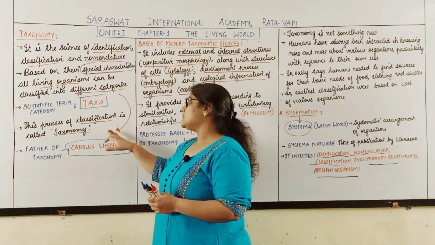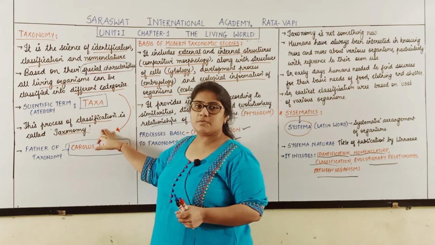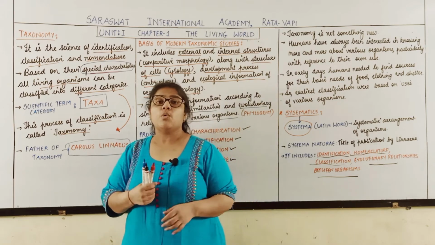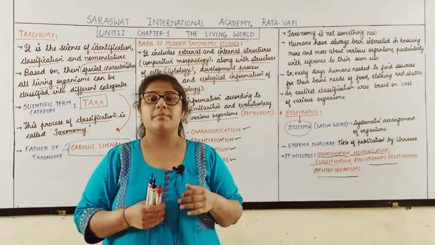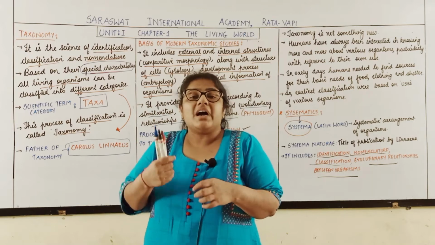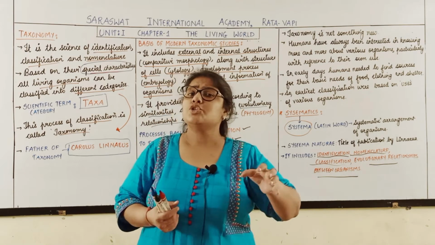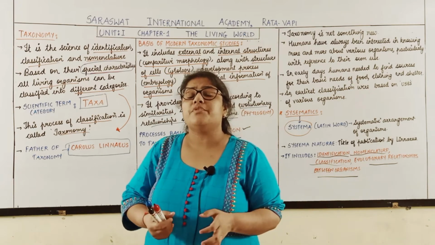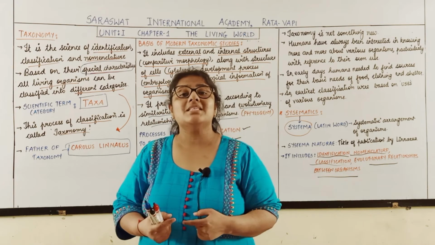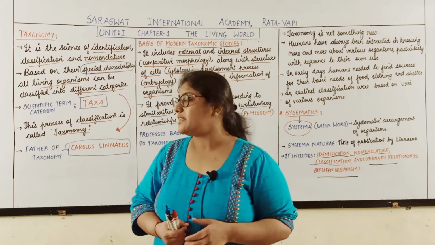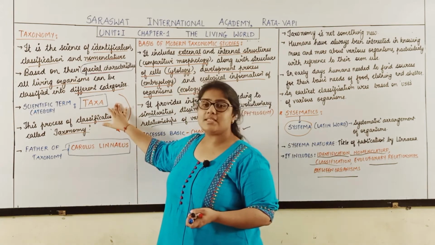And this process of classification is called what? Taxonomy. So what is taxonomy? Taxonomy means to divide or to categorize the organisms into different groups, into different categories on the basis of the special characteristics.